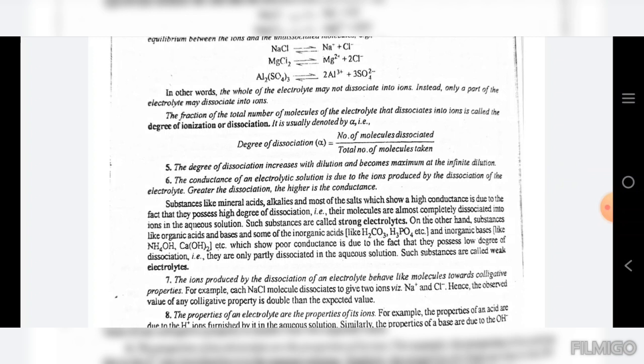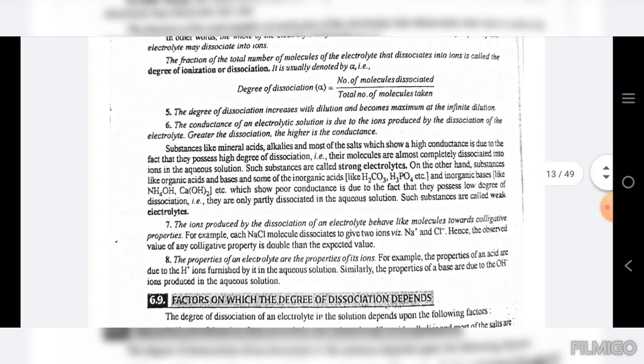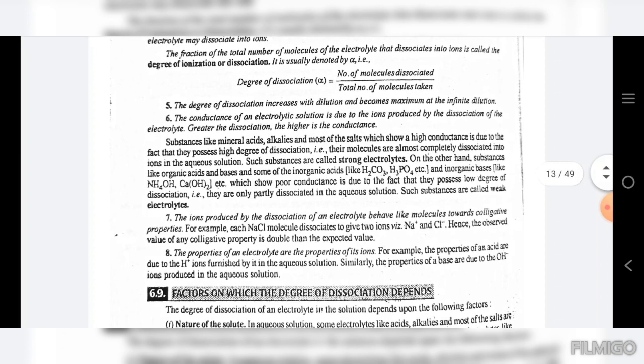The fraction of the total number of molecules of the electrolyte that dissociates into ions is called the degree of ionization or dissociation. It is usually denoted by alpha. Degree of dissociation is equal to the number of molecules dissociated divided by the total number of molecules taken. The degree of dissociation increases with dilution and becomes maximum at infinite dilution.